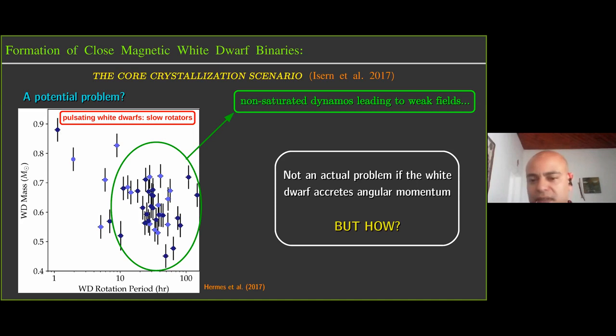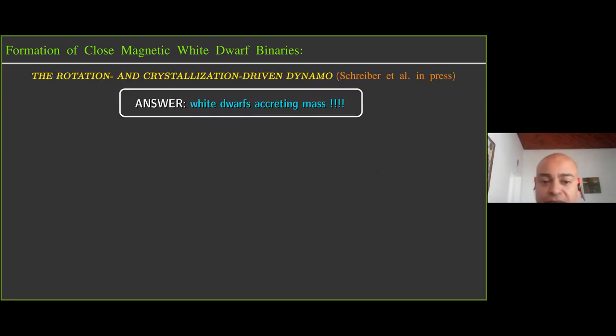But this is not a real problem if we consider that the white dwarf can spin up in case it accretes angular momentum. But how could this happen? If the white dwarf is accreting mass, it's also accreting angular momentum.